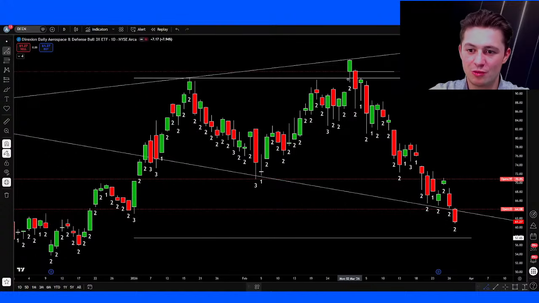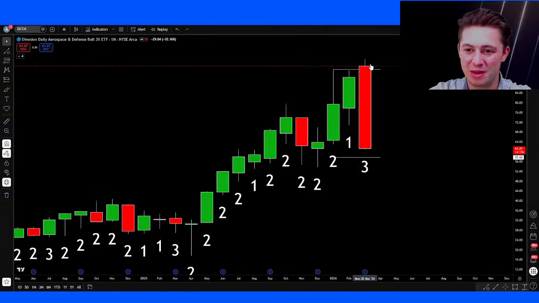Then, reversal. The second day of the month, they reverse. And now anyone that bought into the highs in the defense companies at the top of the broadening formation has to sell this month. Because the second that month went red, they were in trouble. And if that stays red, where's it going?